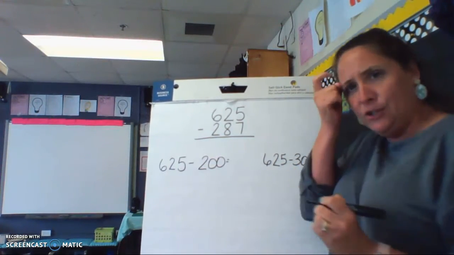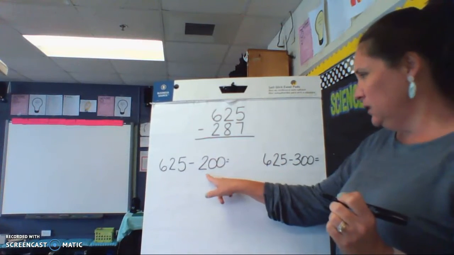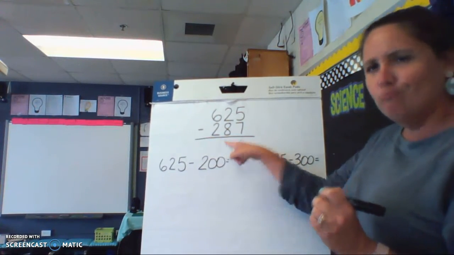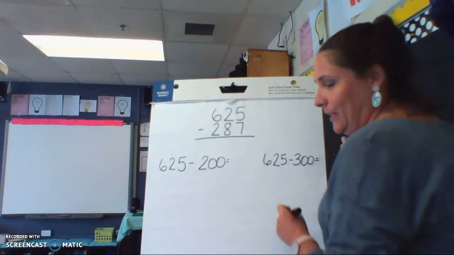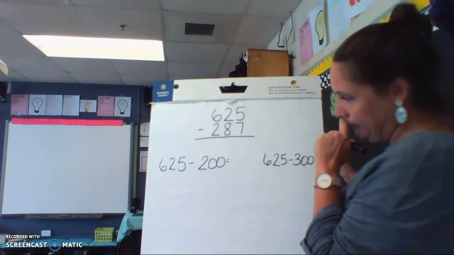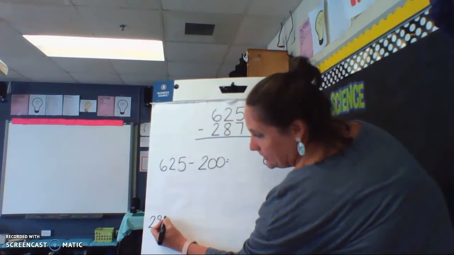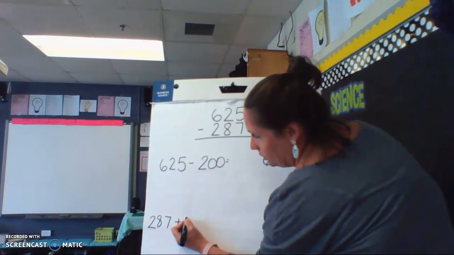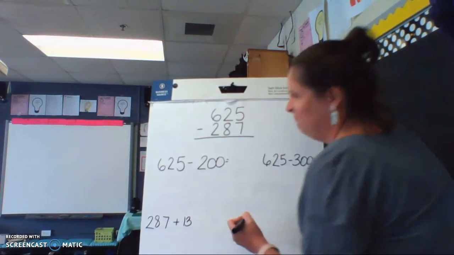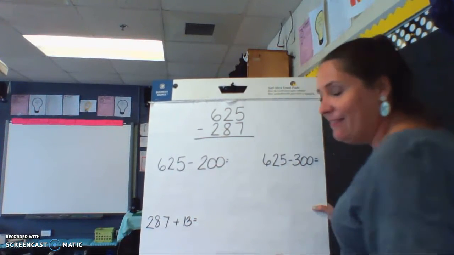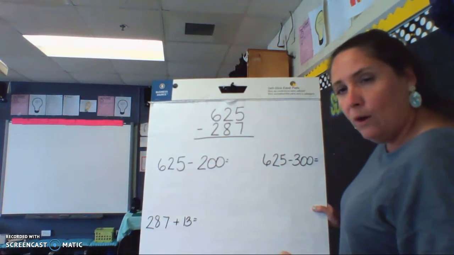You might be scratching your head a bit going, 200, 300, the problem's 287. We'll look at those in just a minute. And then, let's see, 287 plus 13, where did that come from? And then we're going to take a peek at one that's the U.S.